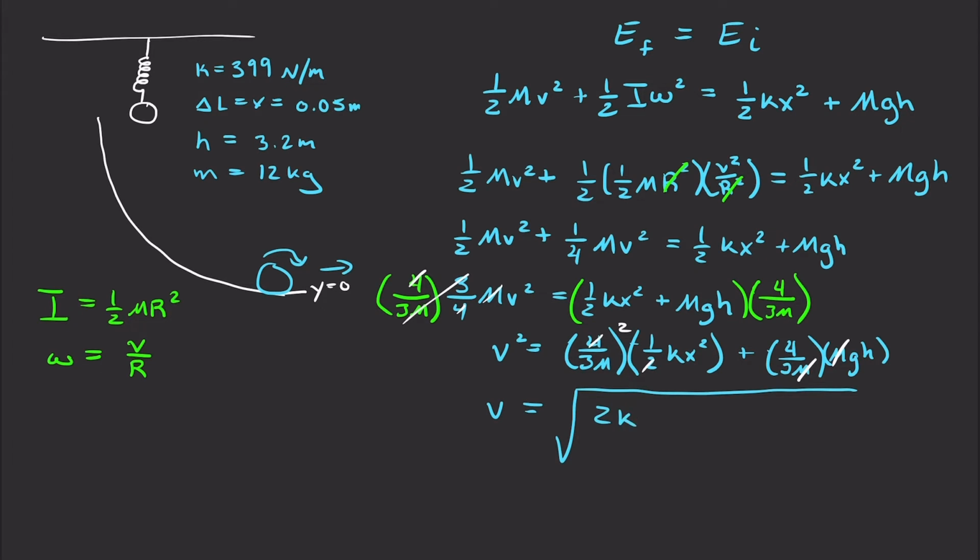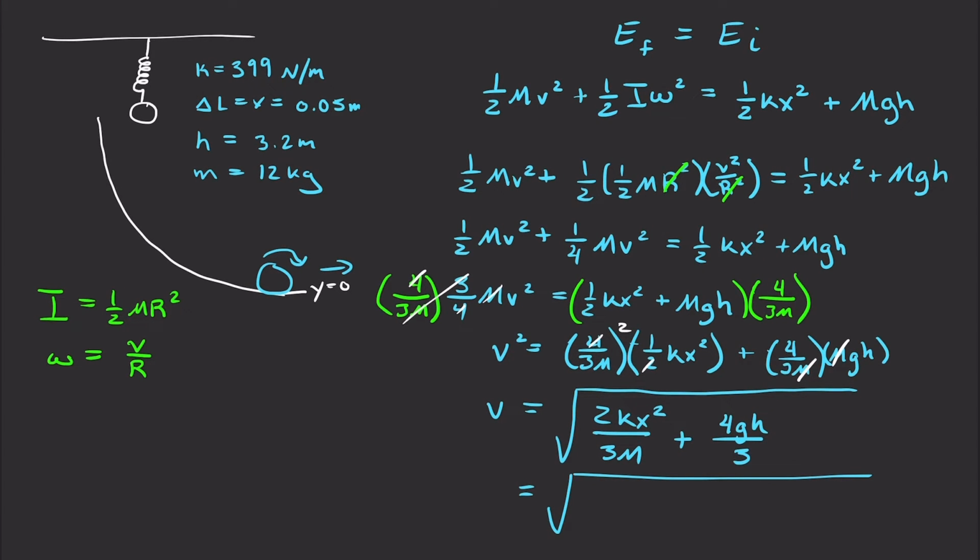So I have 2 kx squared over 3m plus 4gh over 3. If you wanted, you could get a common denominator to multiply by m on top and bottom for the term on the right, but it's not necessary. Most people will probably end up punching this in their calculator separately, each term separately anyway.